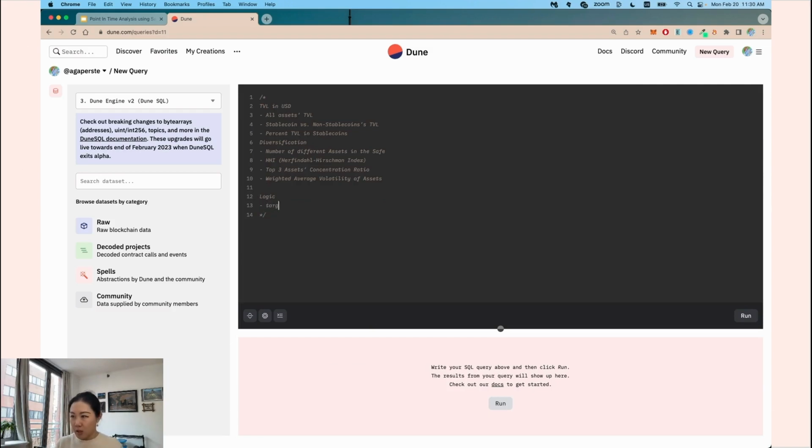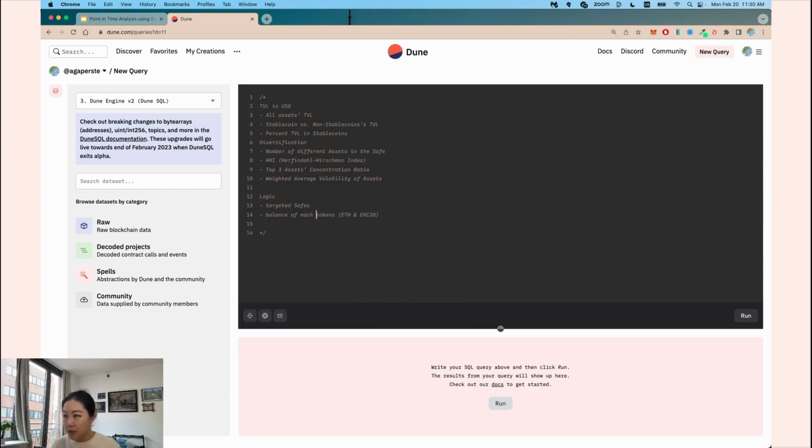First, we'll get the targeted safes, so safes created in the past 6 months. Then we'll get the balance of tokens. This will include both ETH and ERC20 tokens.